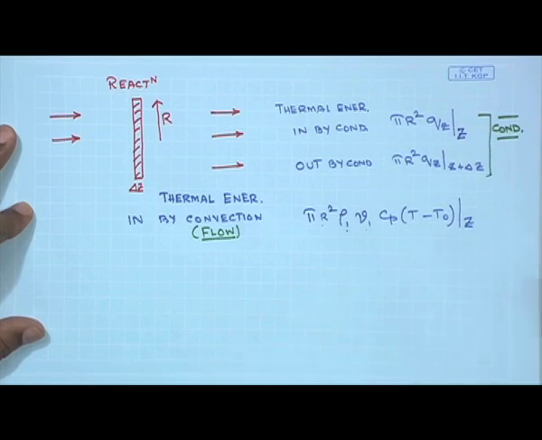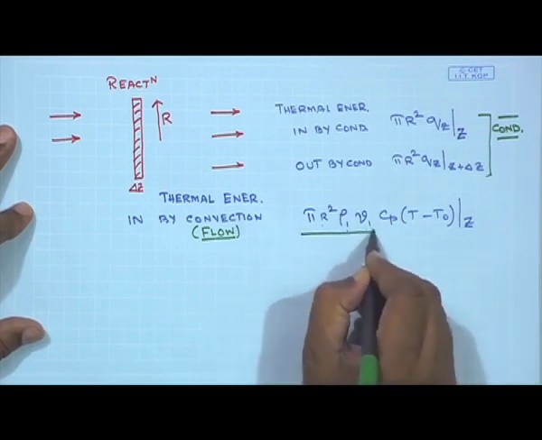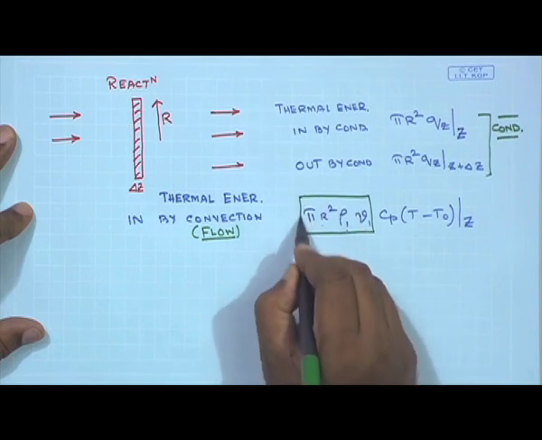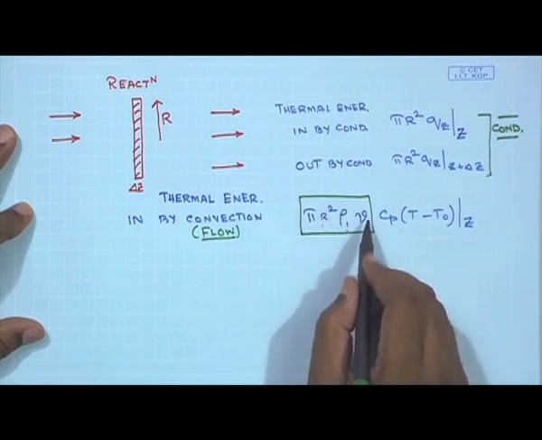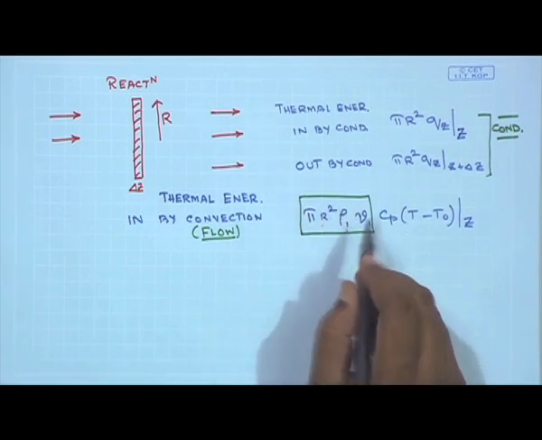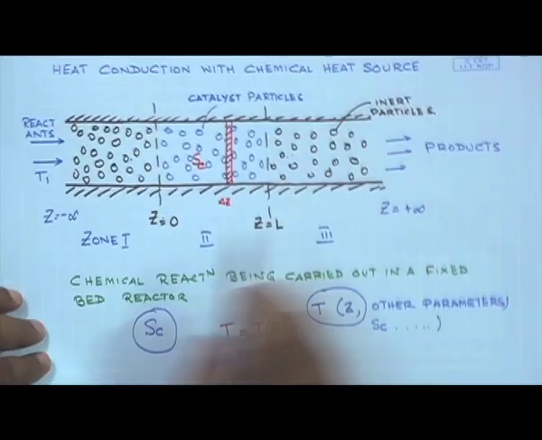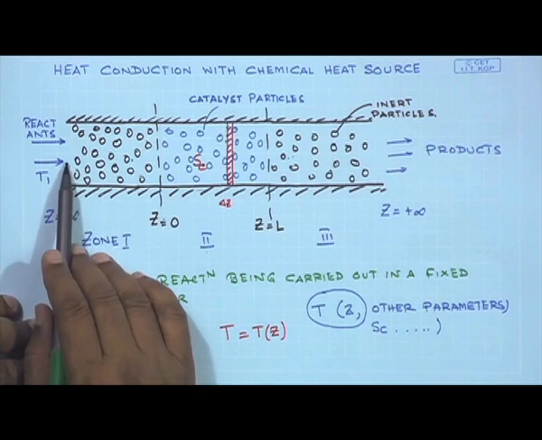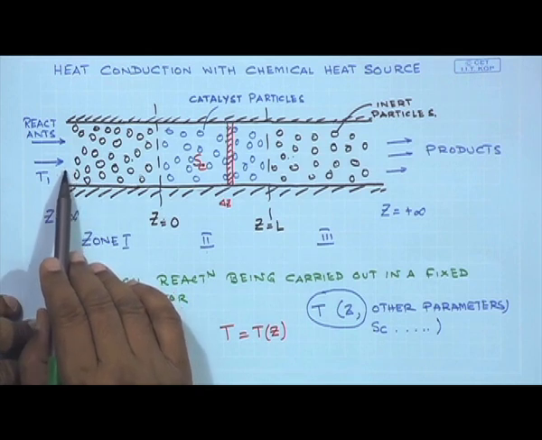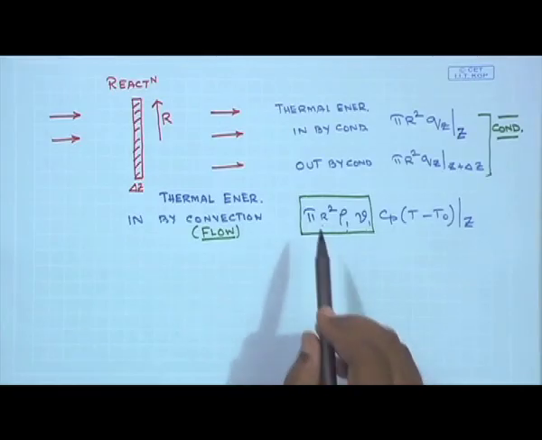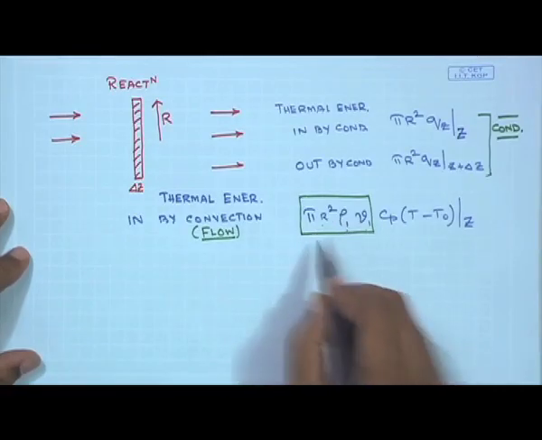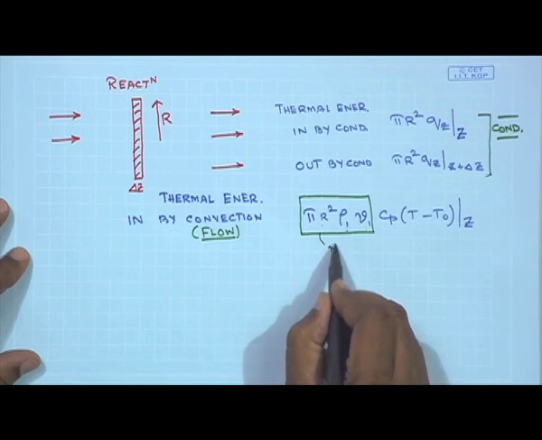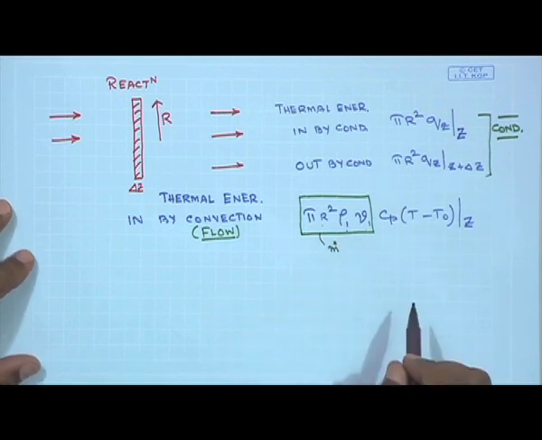So, in this entire term, rho and V refer to the conditions at the entry point, where the density is taken to be equal to rho 1 and the velocity is taken to be equal to V1. So, pi r square rho 1 V1 is essentially nothing but the mass flow rate.